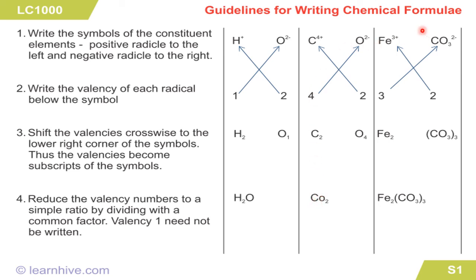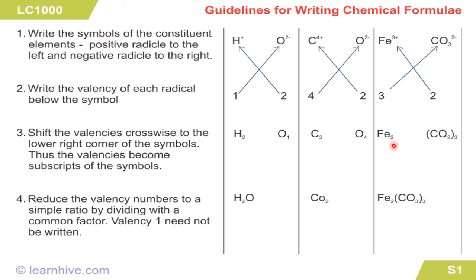In the same way, for iron carbonate, +3 will come here. See, +3 will go to this ion and -2 will come to this ion. That means Fe2(CO3)3. See why he has placed a bracket here? Why not for the iron? For a monoatomic ion, if a single atom is there, there is no need to write the bracket.